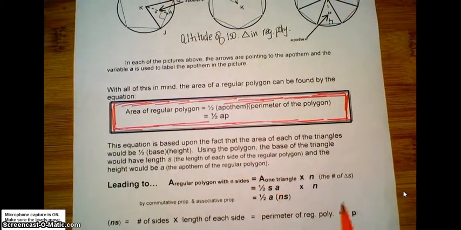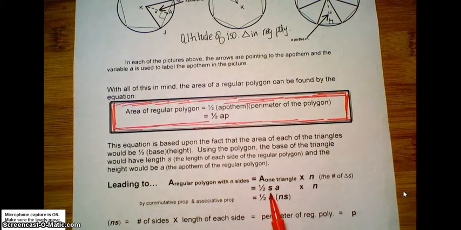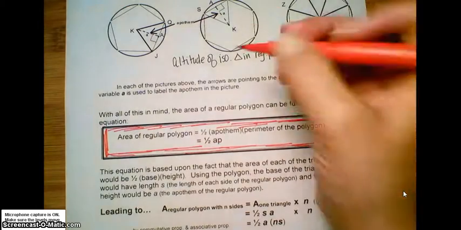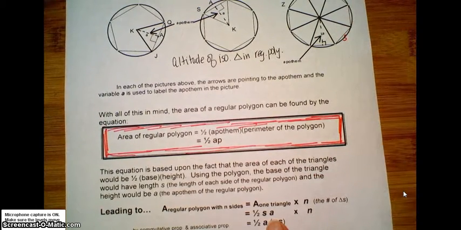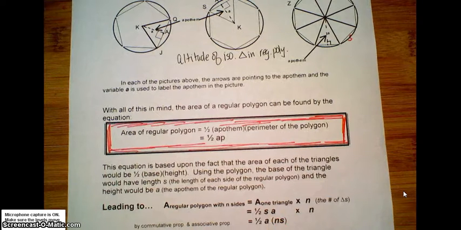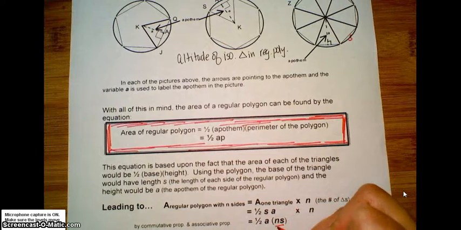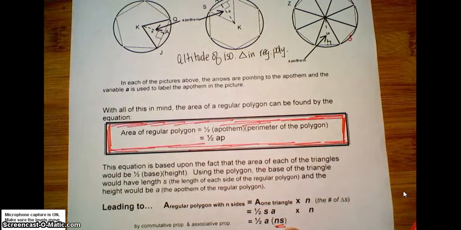Okay, so then if each of my triangles has side S, if we take a look back up here, if each of the triangles has side S and height A, then if I do a little rearranging of all of these variables, I end up with N and S grouped together, and if I take the number of sides times the length of each side, that actually just becomes the perimeter of your polygon.